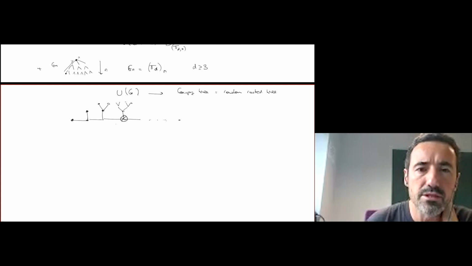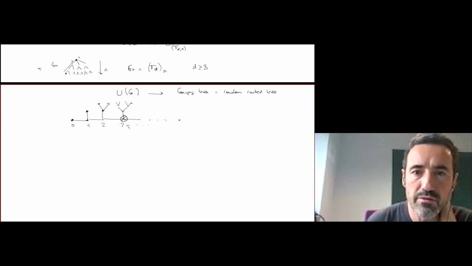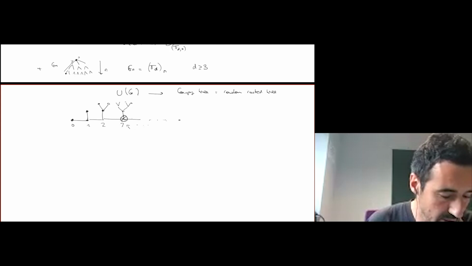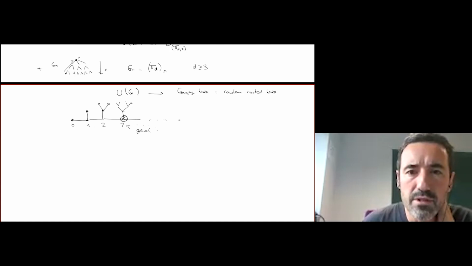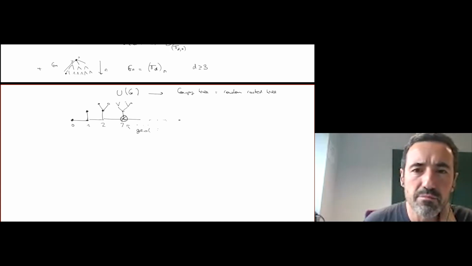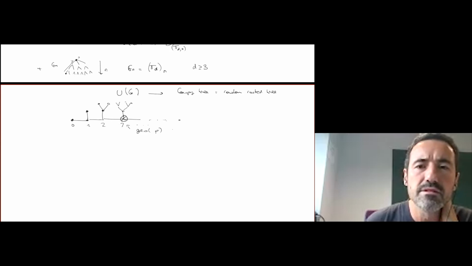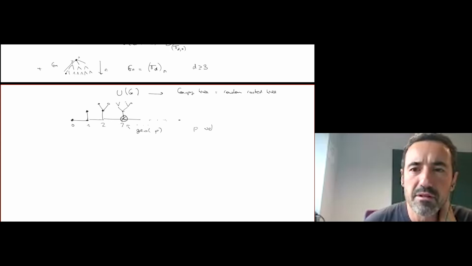So the positions I call 0, 1, 2, 3, and so on, and you put the position of the root at random according to a geometric distribution of parameter p, well chosen. I forgot.